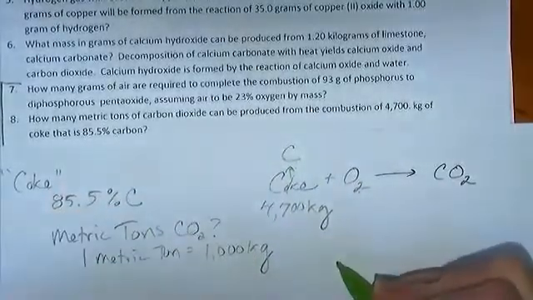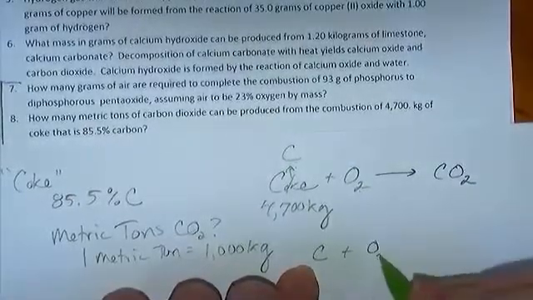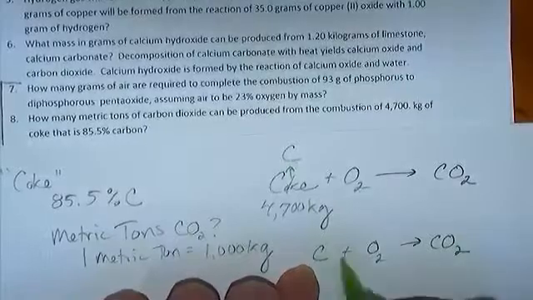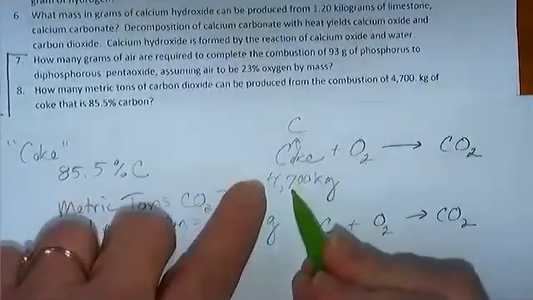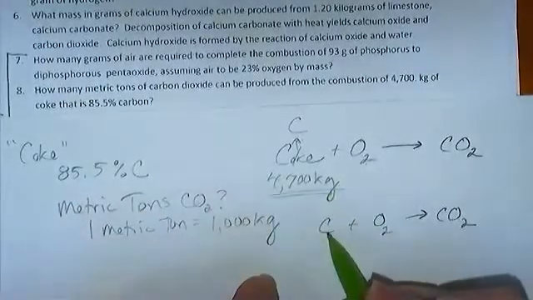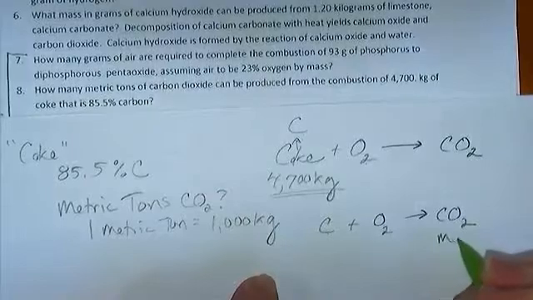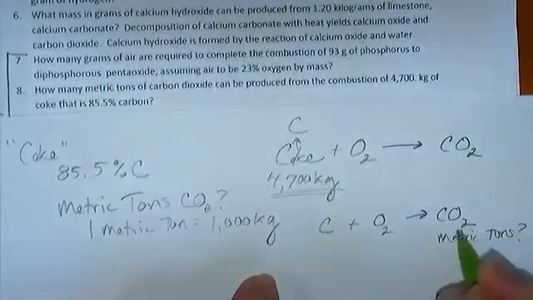So really our chemical equation is carbon plus oxygen yielding CO2, and we're balanced as written. The coke, and we're starting with this amount of it, provides the carbon for the reaction. And we're ultimately looking for the metric tons of carbon dioxide that are produced.